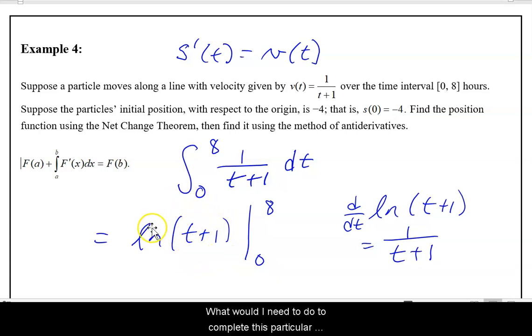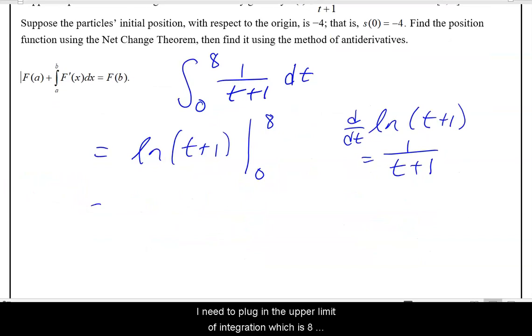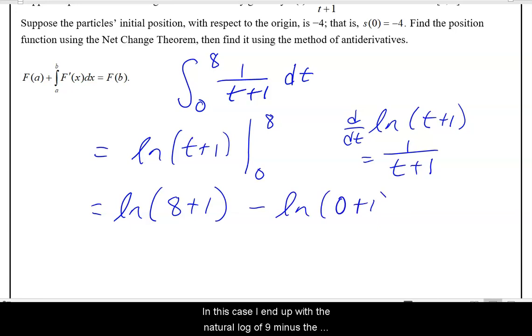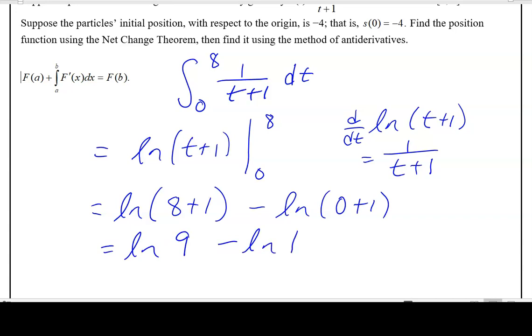What would I need to do to complete this particular definite integral? I need to plug in the upper limit of integration, which is 8, and subtract from that the value I get when I plug in the lower limit of integration, which is 0. In this case, I end up with the natural log of 9 minus the natural log of 1.